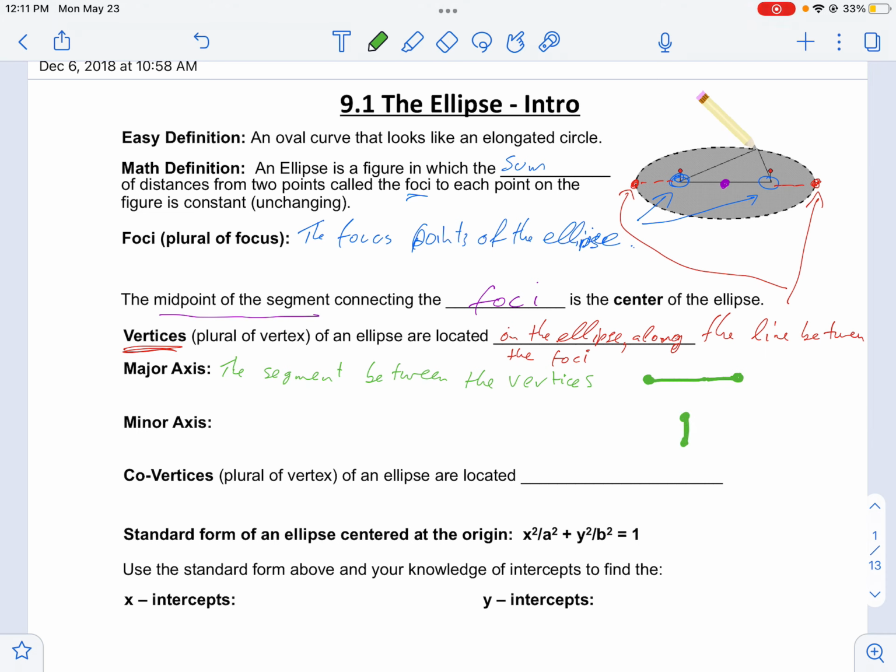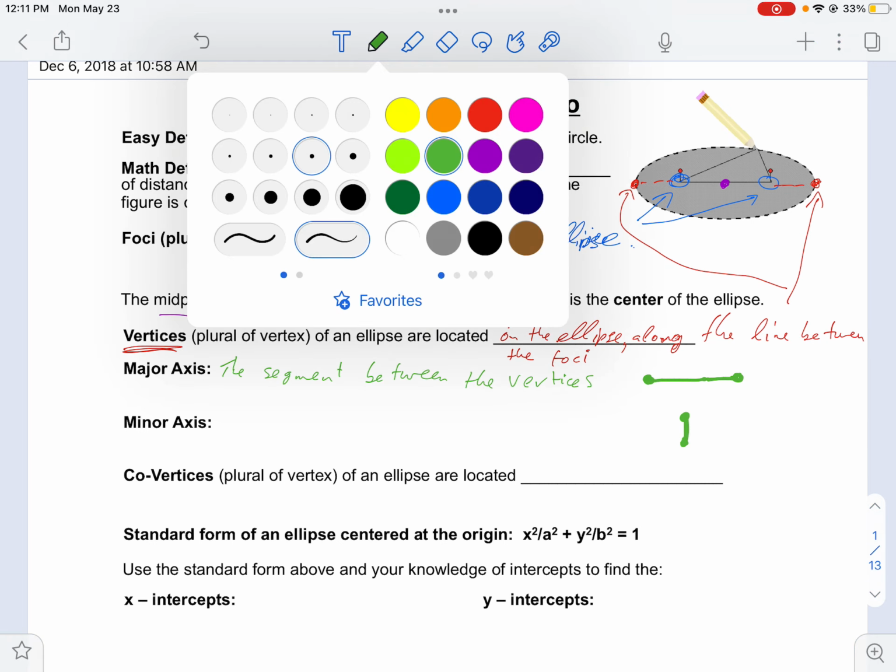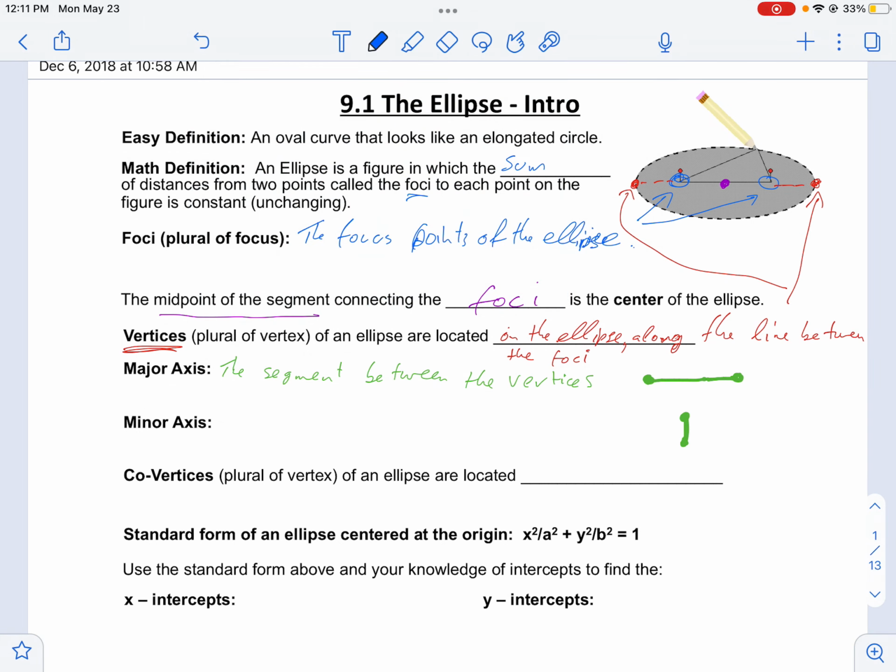It's basically the segment through the center, perpendicular to the major axis, between the co-vertices. I keep saying line, but it's really the segment, because it does have endpoints.